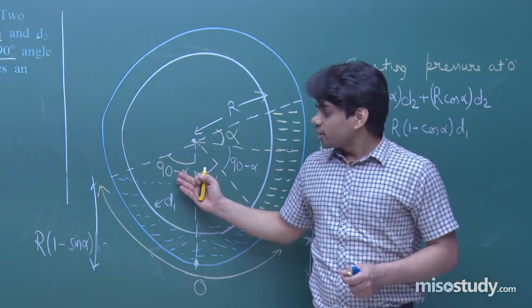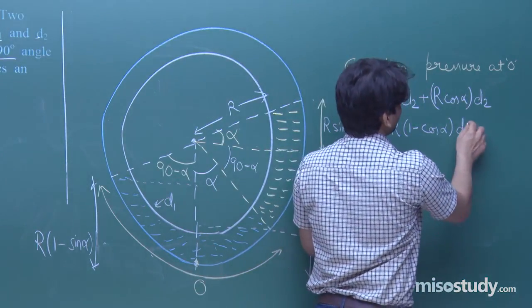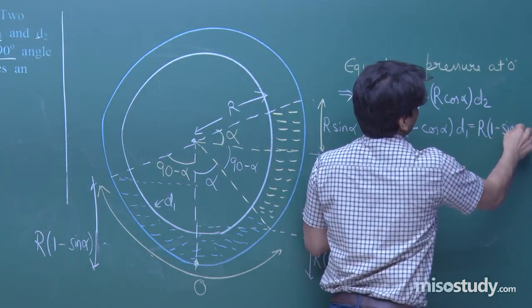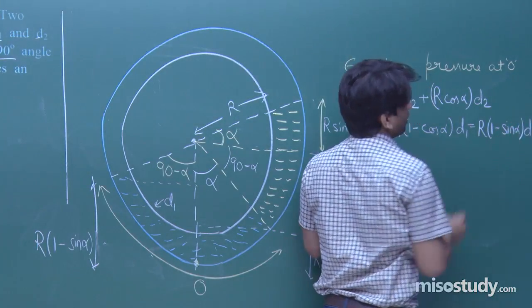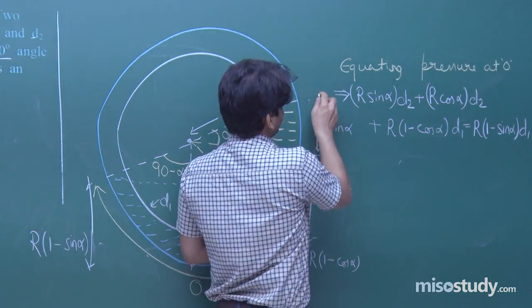I am not multiplying g, since g will be cancelled out overall. Now for the left side it is R(1 − sin α) D1. I believe you can clearly see up till that.